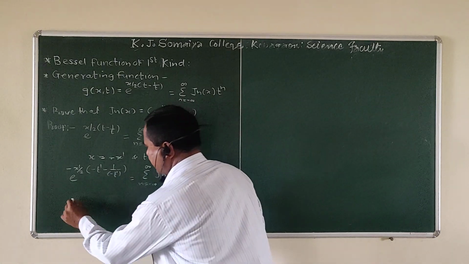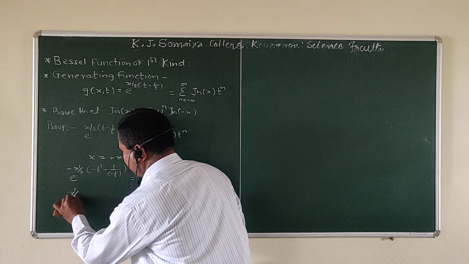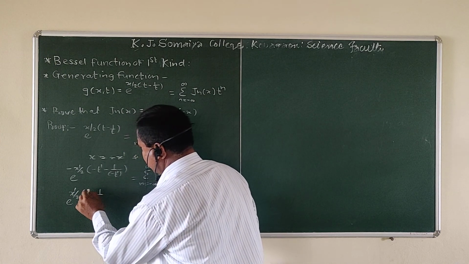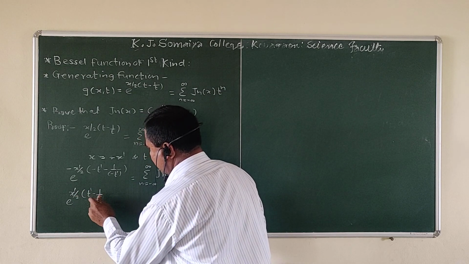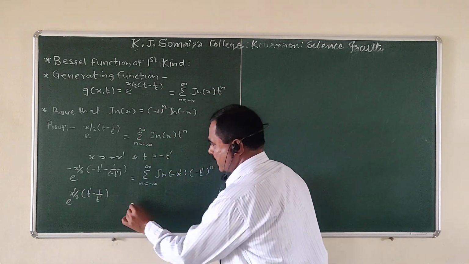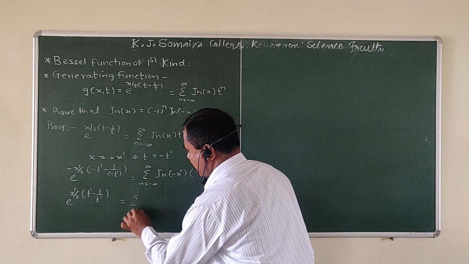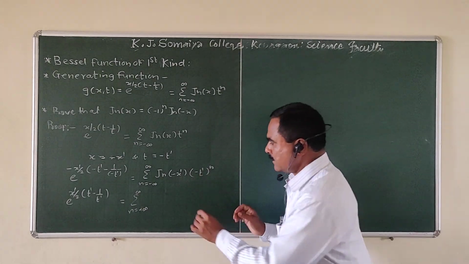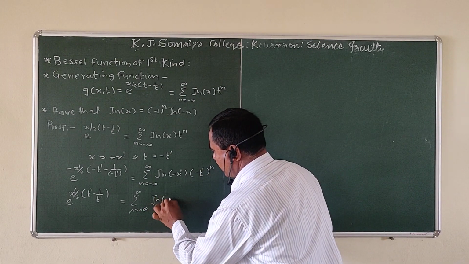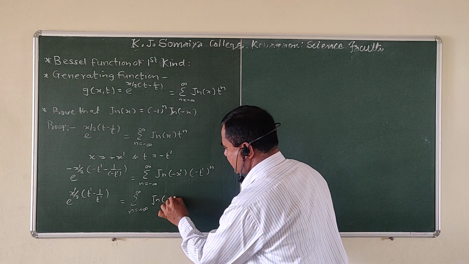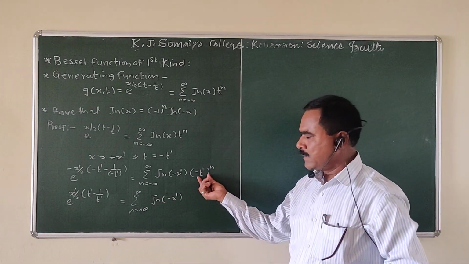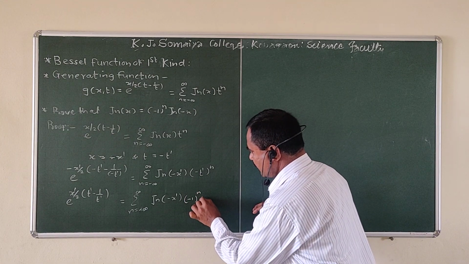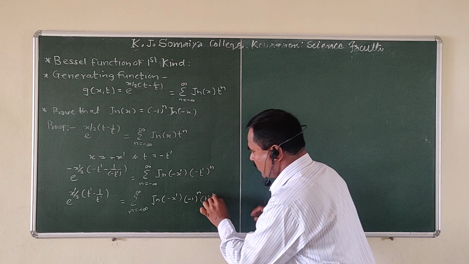So here we get e^{(x'/2)(t' - 1/t')} = summation n from minus infinity to plus infinity J_n(-x') (-1)^n t'^n.